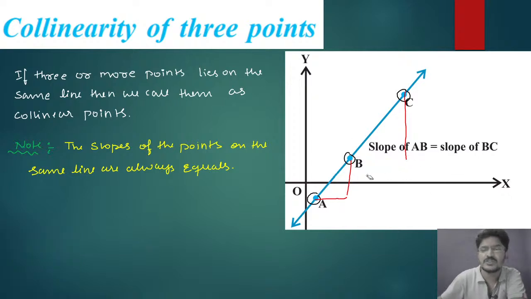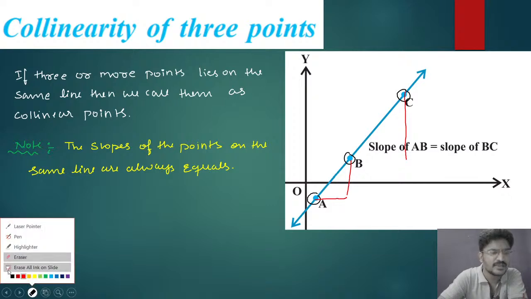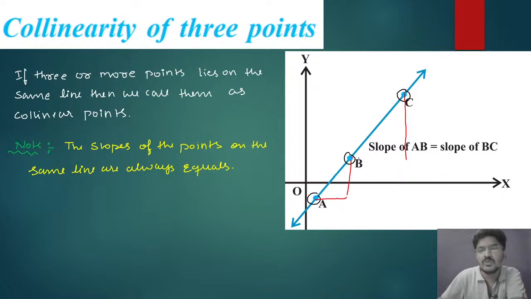That means here slope of AB is equal to slope of AC. Slope of AB is equal to slope of BC. This is very, very important. And this note tells that slopes of the points on the same line are always equal.